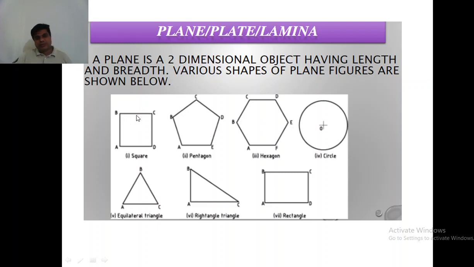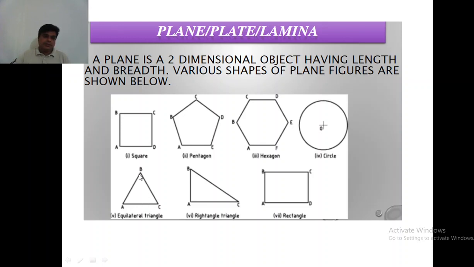So here you can see a square is a plane. This is a circular plane. It is not having any sides, but a circle is a curvature, it's a curve. Like that we have a triangle, which is having three sides. So remember that a plane will be having a minimum of three sides.